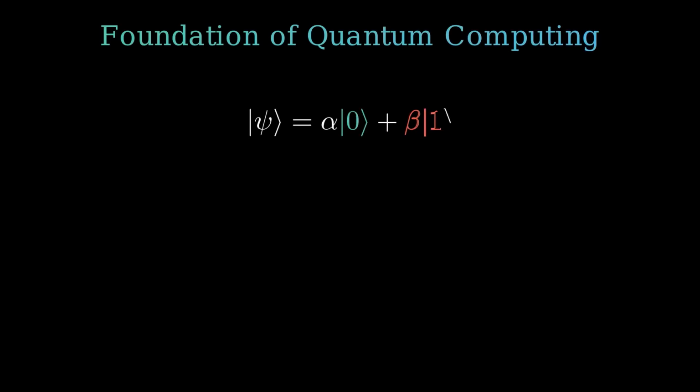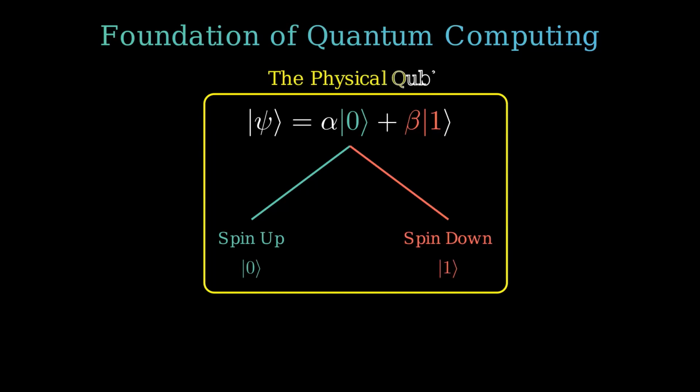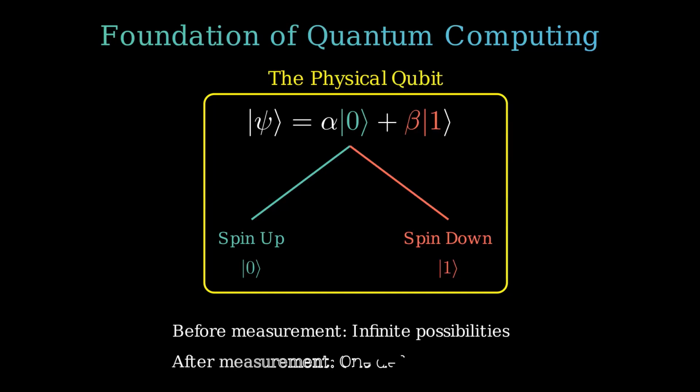A quantum bit or qubit can be represented by a spin 1/2 system. It exists in a superposition of 0 and 1 states. When we measure it, the wave function collapses to one definitive outcome, just like in the Stern-Gerlach experiment. But before the measurement, the qubit can explore multiple computational paths simultaneously. That's the power of quantum computing.